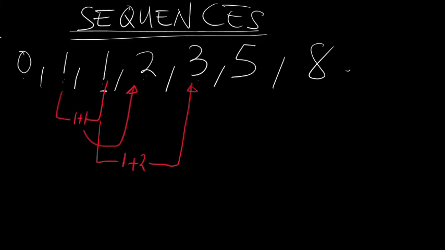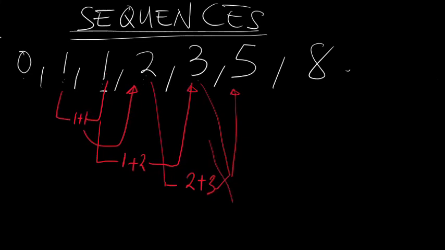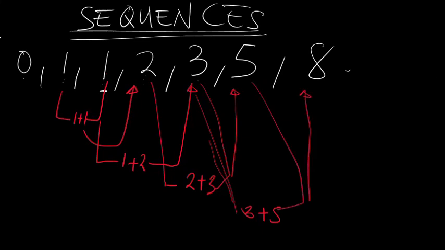Then the next one is 2 plus 3 gives us this. The next one is 3 plus 5 gives us this. So that is it.